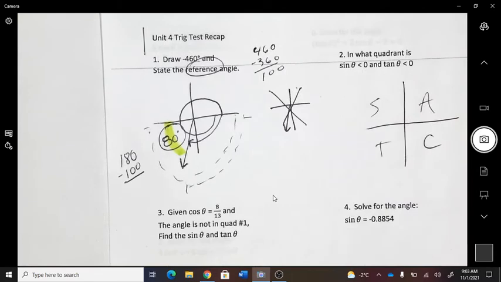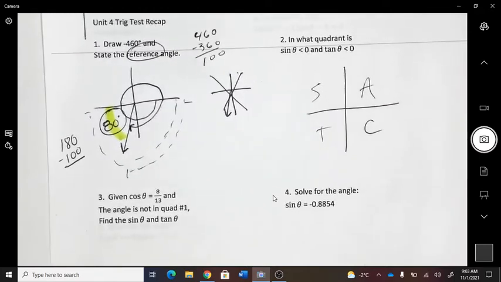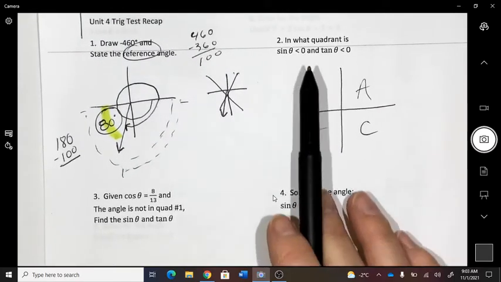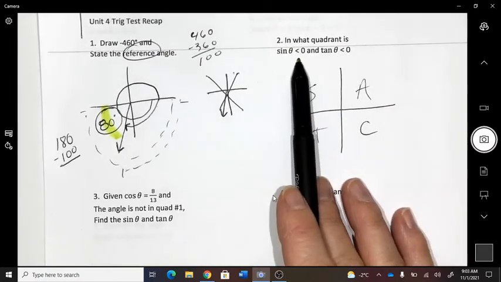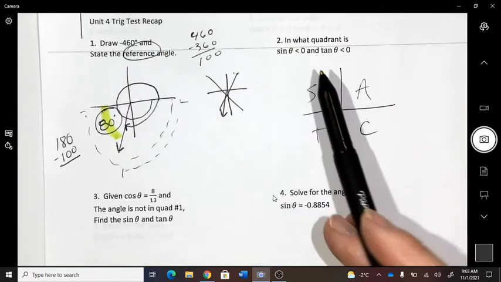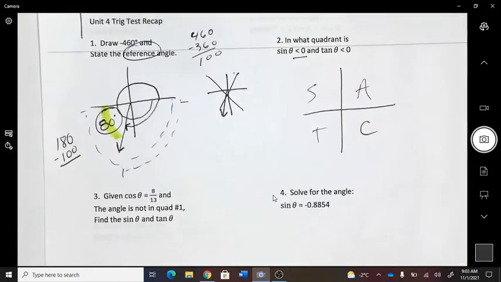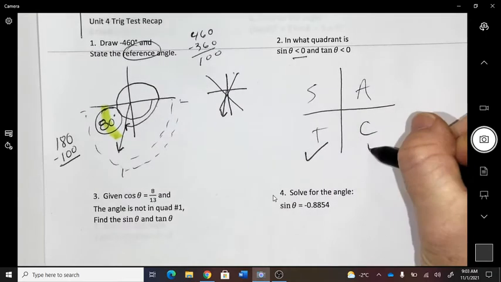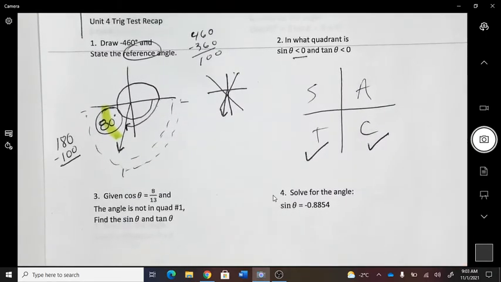So when I see that, I'm going to be doing some ASTC stuff. Sine is negative, right? Do you understand the symbol? Less than 0 is negative. So there's two quadrants where sine is negative. Where is tangent negative?